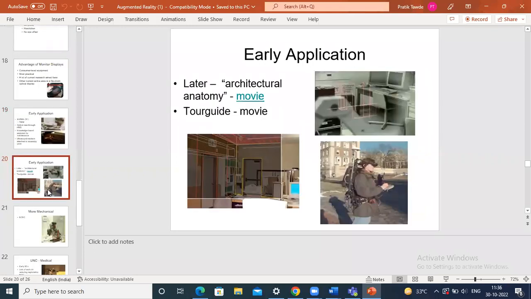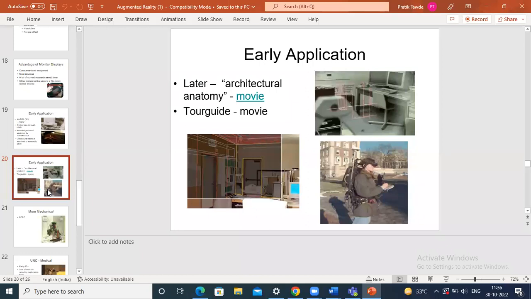Along with this, we have architectural anatomy and tour guide movies. So you can watch these movies so that you will get more insight and your doubts regarding AR and VR can be resolved or cleared.